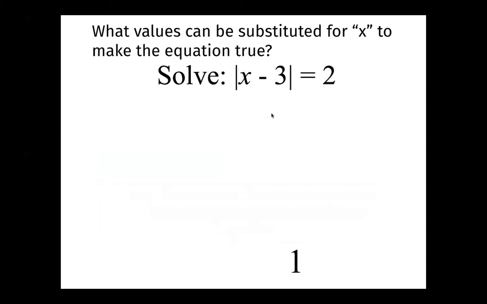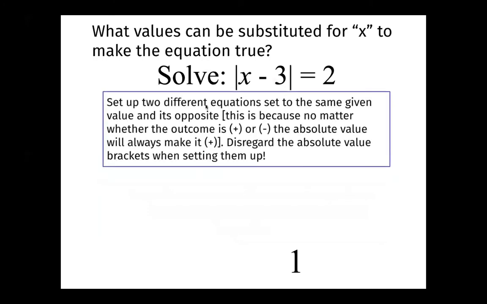Okay, let's go ahead and look at a problem like this. We're given absolute value x minus 3 equals 2, and they're asking what values can be substituted for x to make the equation true. Now, to solve something like this, we're actually going to make 2 different equations set to the same given value and its opposite.